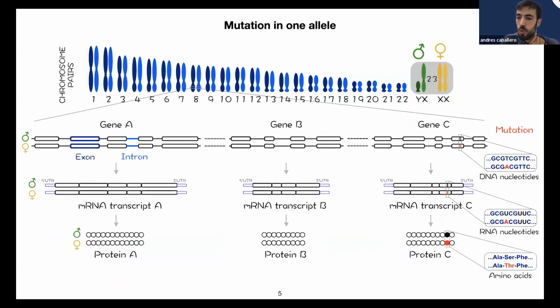So at the end, what we have is one functional copy of the protein and one mutated copy of the protein. In autosomal dominant conditions, having only one functional copy is not enough, and you would develop the disease. However, in autosomal recessive, you can live with that. So you can be a mutation carrier and not develop this condition.